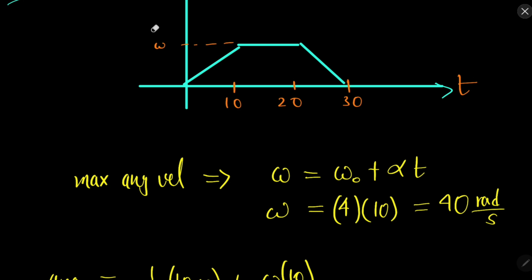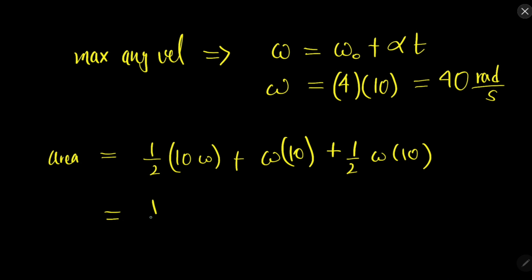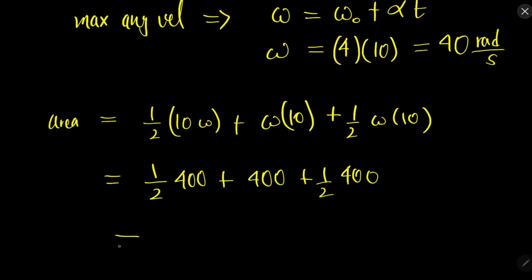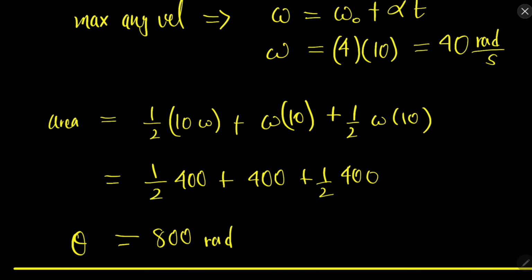This is actually omega plus half omega into 10. So half into 10 into omega, that is 40, so 400 plus 400 plus 400, so it will give you 800 radians. So this will be your angular distance, 800 radians. This is the total angle that is traveled.